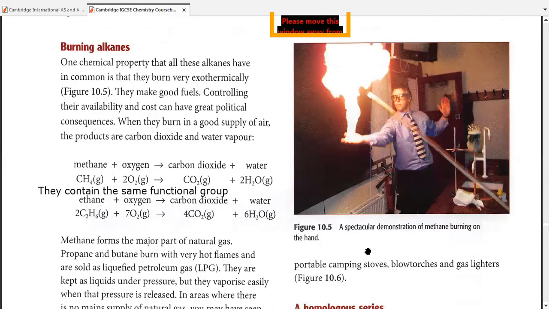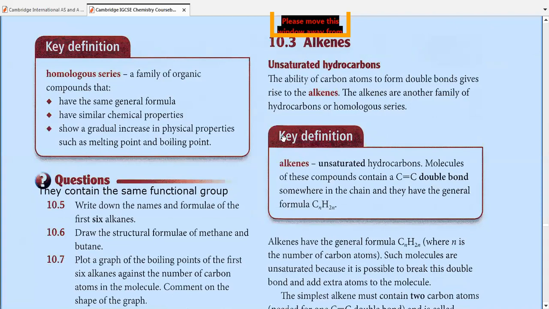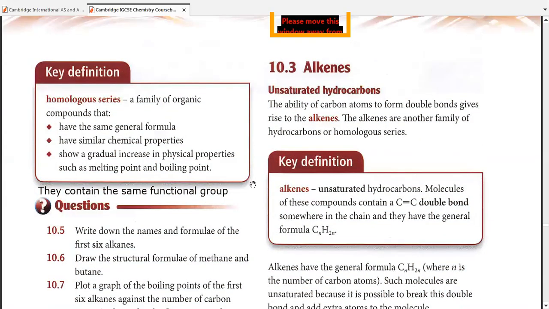All right, do we understand this? So, how are we going to study all of these compounds? Homo means same, logos means study. So it means that we can study all of these compounds, and now I'm talking about millions, if they have these 4 same things.